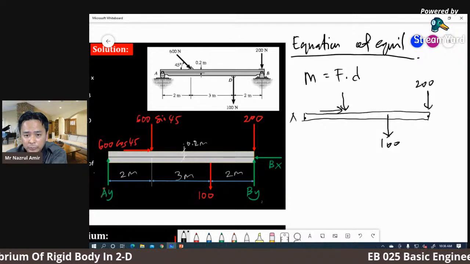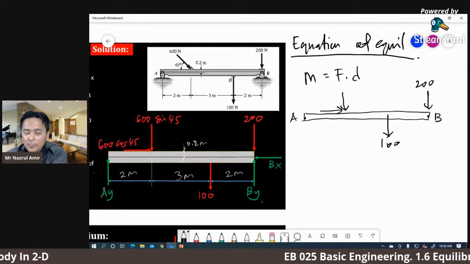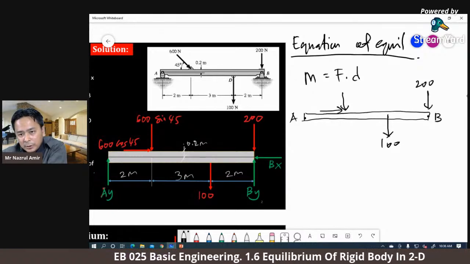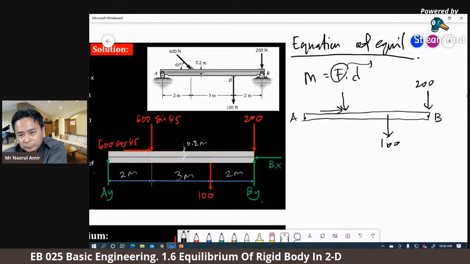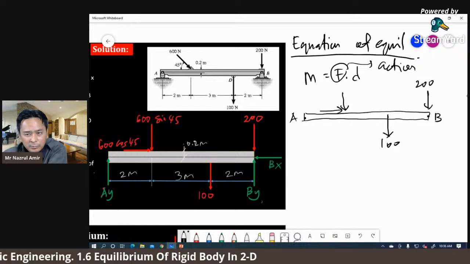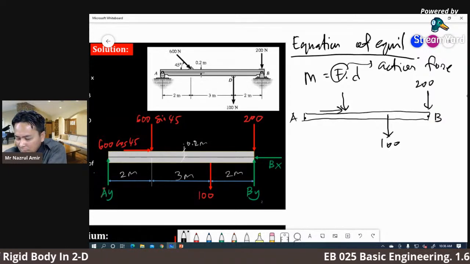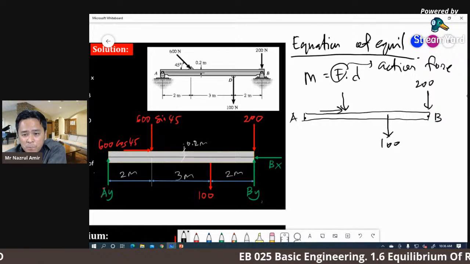So point A and point B. This is the case where I'm going to use all the action forces. Action force. I just want to show you what is happening now.